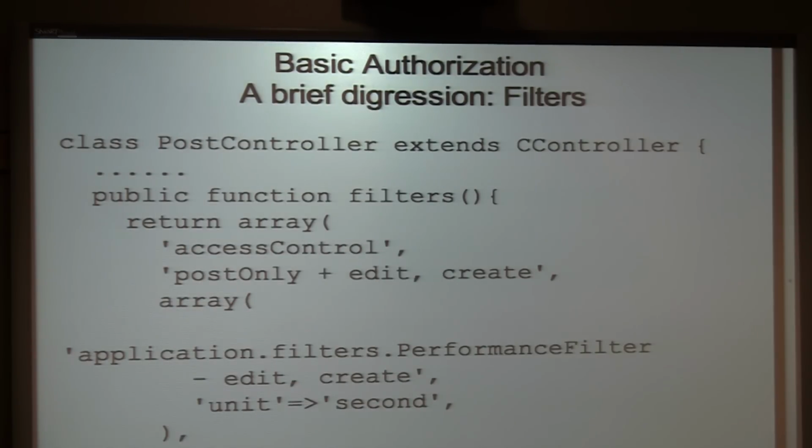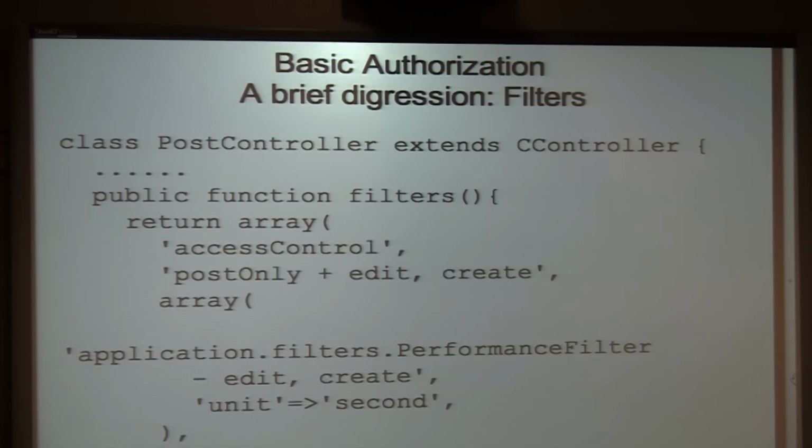And so in this case, this is in the controller, and the access control itself is defined. It's actually defined as a method in the base class that you're extending in CController. And it's saying that I'm going to specify that both the edit and create methods should only be accessed if it's a post.